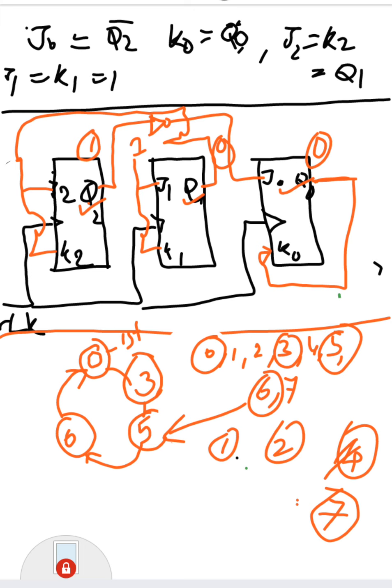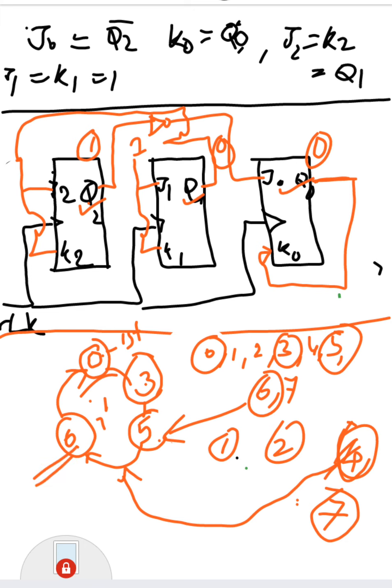In the next clock pulse, if the flip-flop counts any of the sequence 0, 3, 5 or 6, then it is called self-starting. No problem. If it is in an unused state and it returns back to the original loop sequence in the next clock pulse, then it is called self-starting.